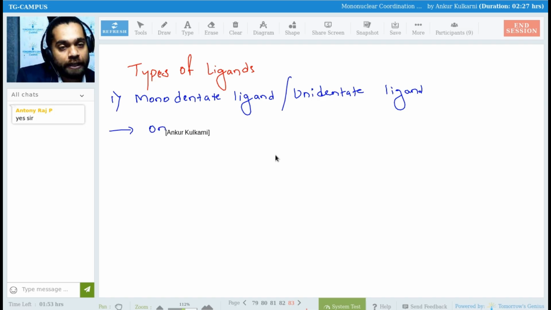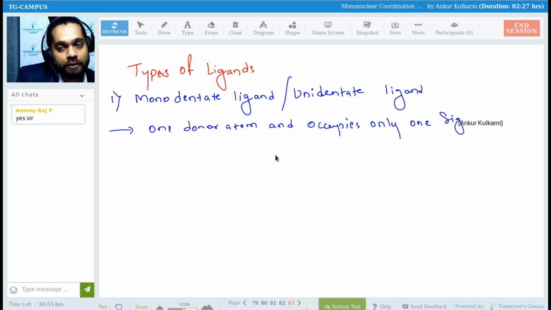So simply it contains one donor atom and one site, and occupies only one site. Okay, so it contains one donor atom and it occupies one site.